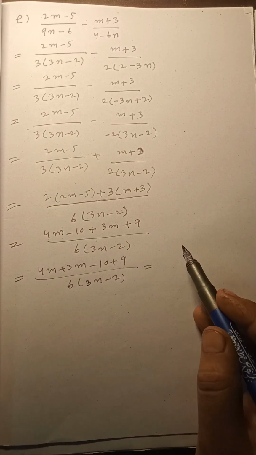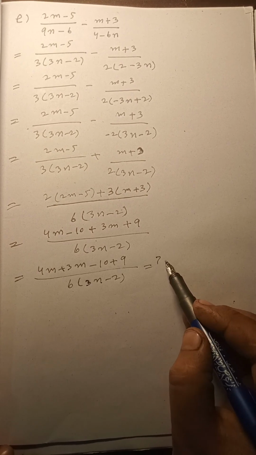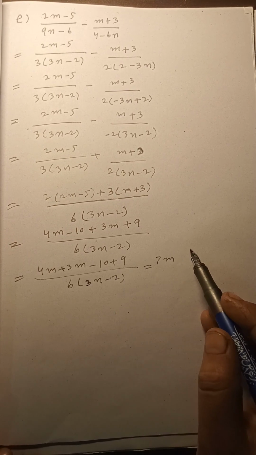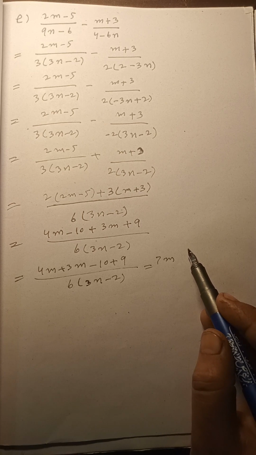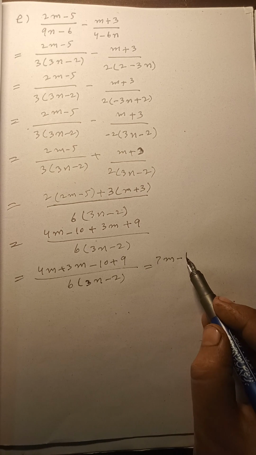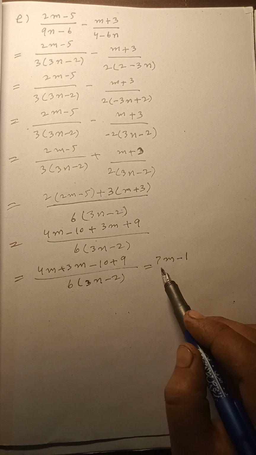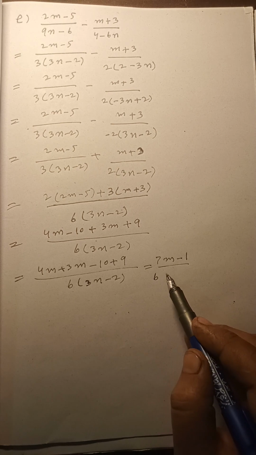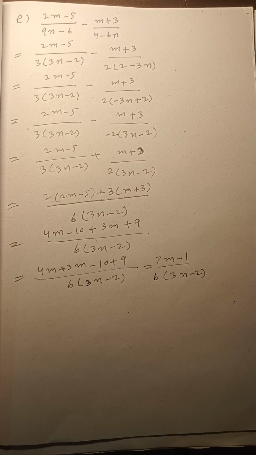You know that 4m and 3m can be added and make 7m, and minus 10 and plus 9 have different signs, so we will subtract and write the sign of the bigger term, that is minus 10. When 9 is removed from 10, the answer is 1, over 6 into (3n-2).